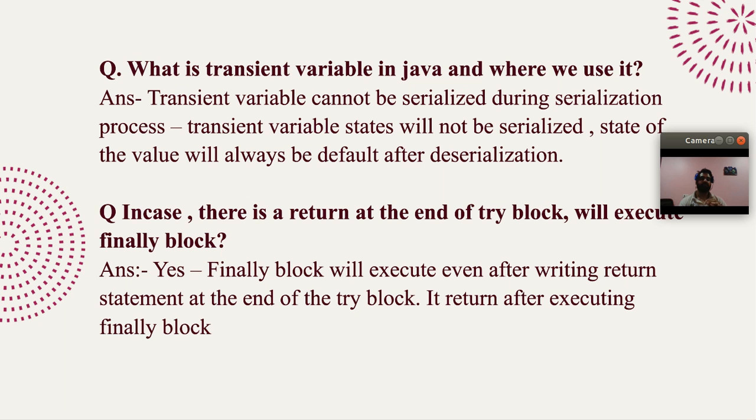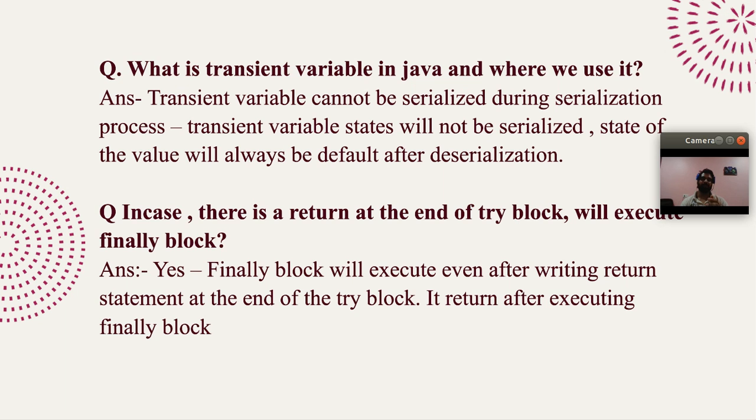So why should you include all these inside a finally block? The reason is that the finally block will always get executed. So whether the exception comes or it does not come, it will get executed, right?